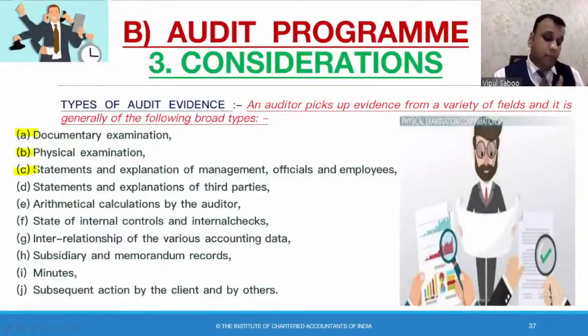If there is a proper mechanism of internal control in the hotel, in the organization, there would have been proper records maintained, and everyone would have known the reason for variation in the figures of closing stock of the bar inventory. So you have to ask for statements and explanations of management, officials, and employees, and if you feel the need, get them signed.